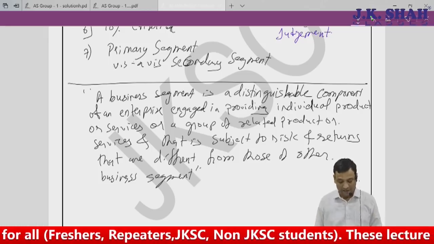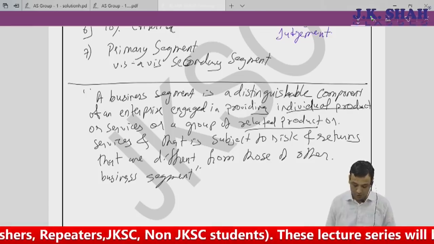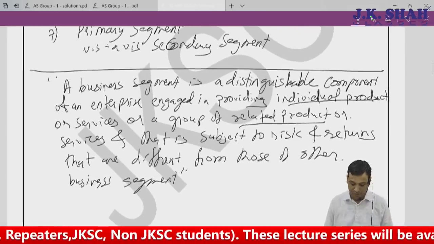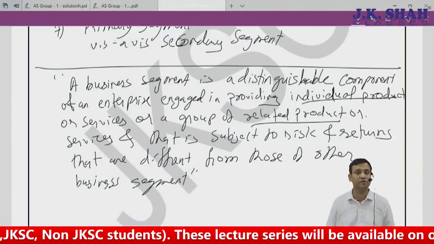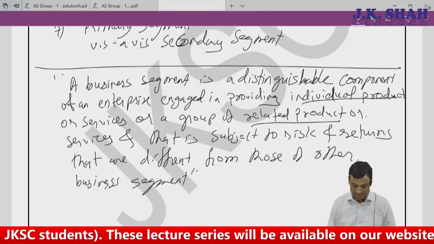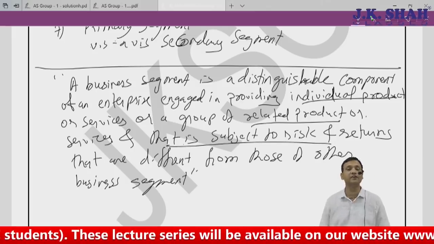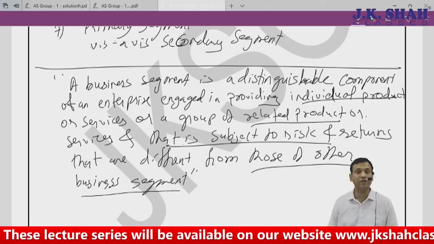For that we should identify whether the products are related or not, or they are individual. So a business segment is a distinguishable component of an enterprise which is engaged in providing either an individual product or service or a group of related products or services that is subject to risks and returns which are different from those of other business segments.